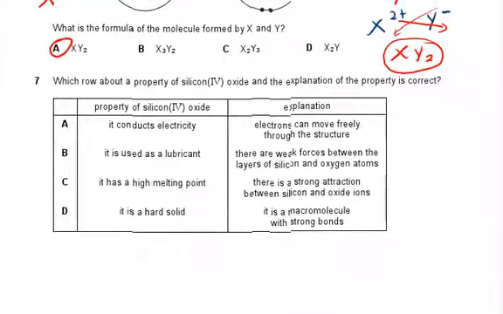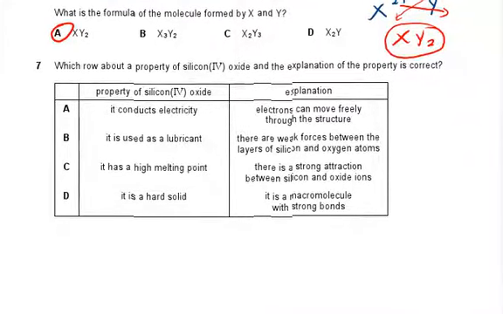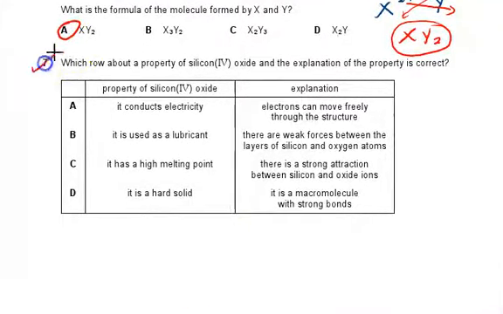Now look at number 7. Which row shows a property of silicon dioxide, and the explanation of the property is correct? So the formula of silicon oxide will be this.